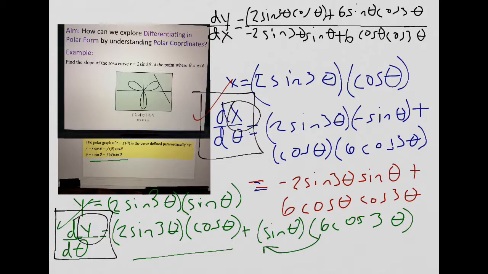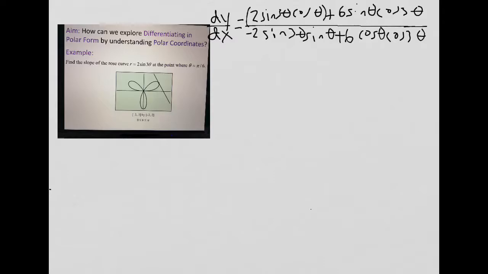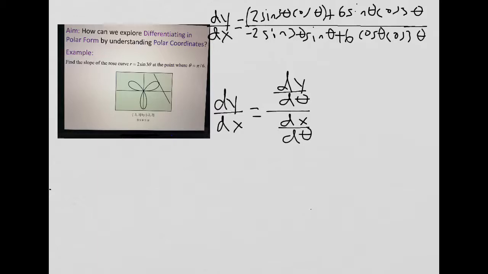Let me erase a little bit of this. Hold on. So we found dy over dx by doing dy over d theta divided by dx over d theta, and if you do keep change flip here, the d thetas cancel.